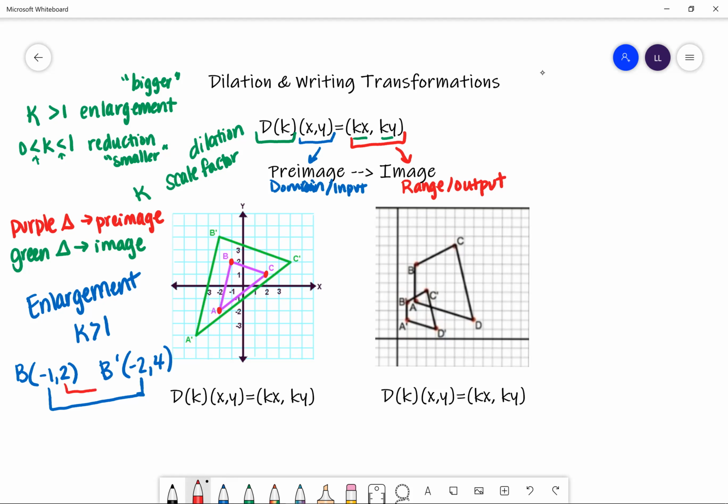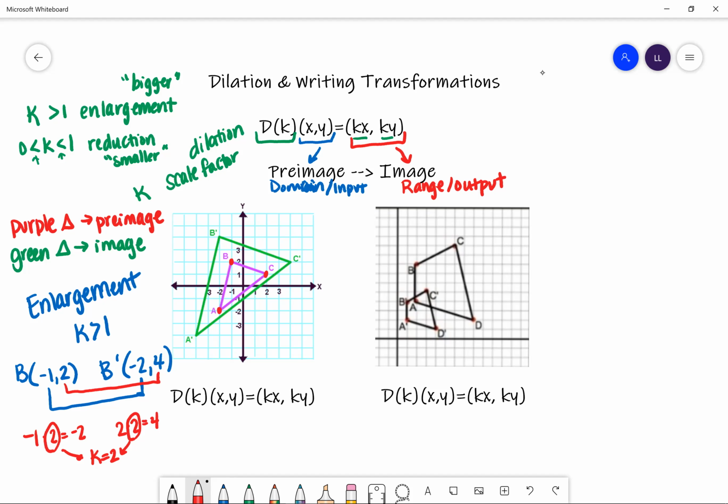And what does 2 have to be multiplied by to get to 4? In both cases, -1 was multiplied by 2, and that gave me -2. And 2 was multiplied by 2, and that gave me 4. So that means my scale factor has to be 2, because that's what I multiply both coordinates of the pre-image by to get the image.